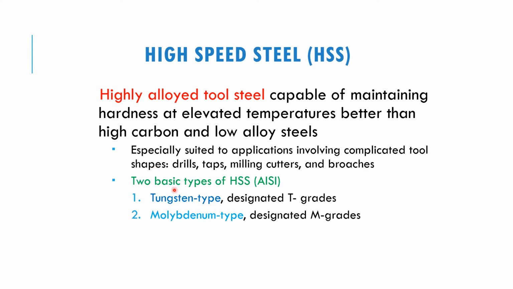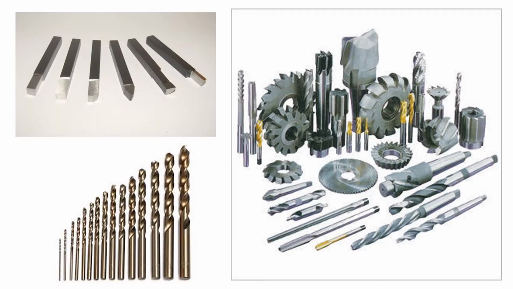This means tungsten is the additive added into the metal so that it can make the tool better. And the other type, molybdenum, is included into the HSS material so that it can also improve the properties. Here are some examples of tools made using HSS.